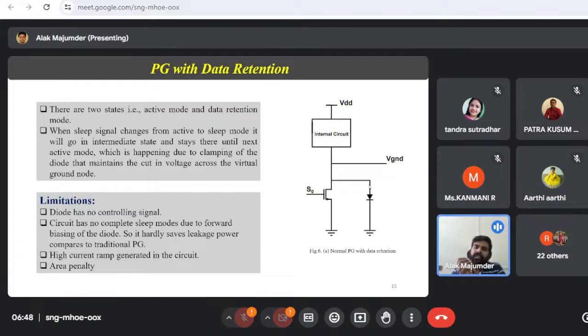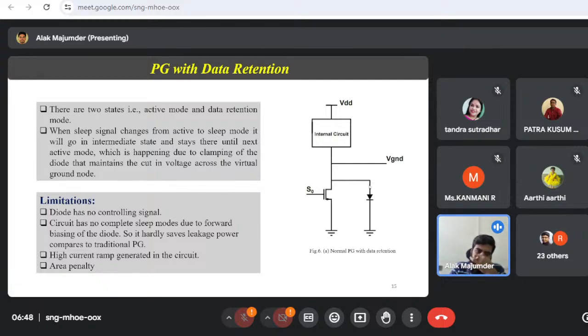Your logical operation will happen, but because the lower logic level is not reaching ground, it is coming to 270 or 280 or, for example, 300 millivolts, the peak-to-peak voltage has been reduced. Initially, if the VDD is 1.1, your ground is 0, peak-to-peak is also 1.1. Now peak-to-peak will be 1.1 minus 270 or 280 millivolts. Because this is reduced, your power dissipation will also come down.